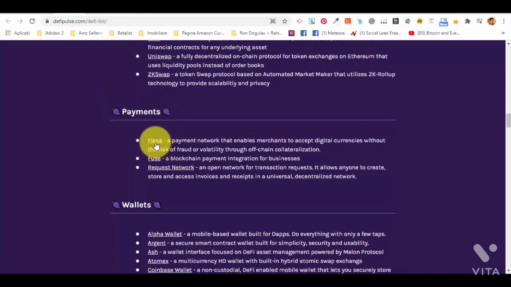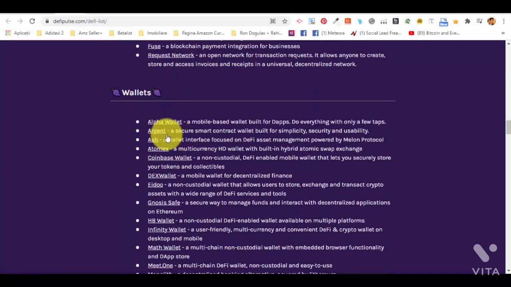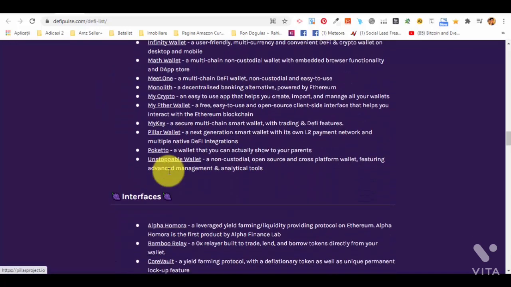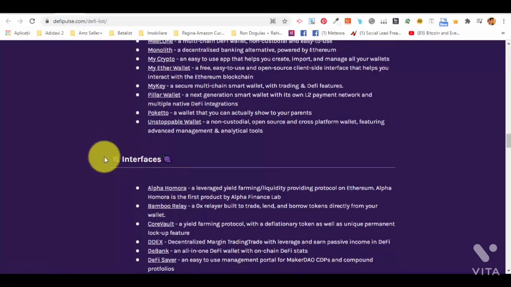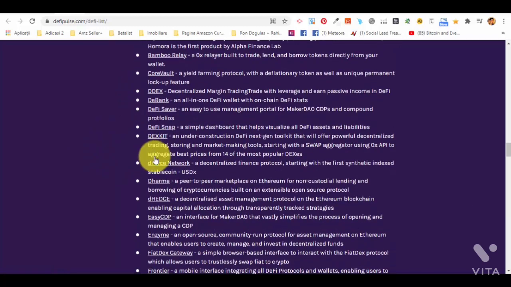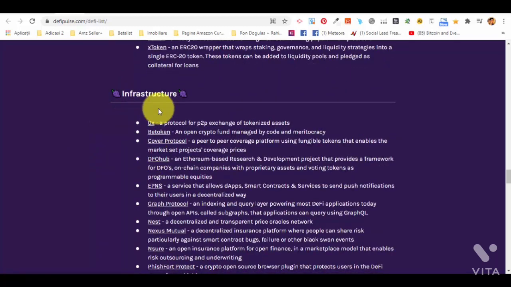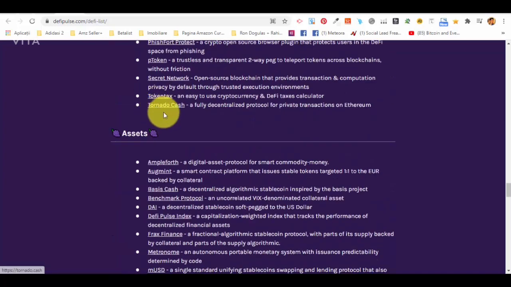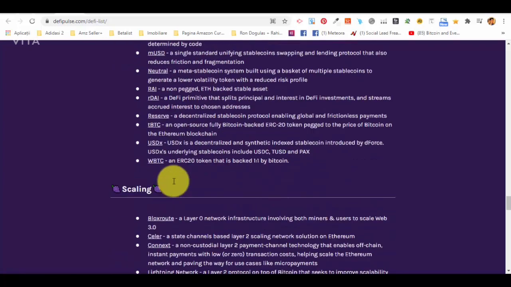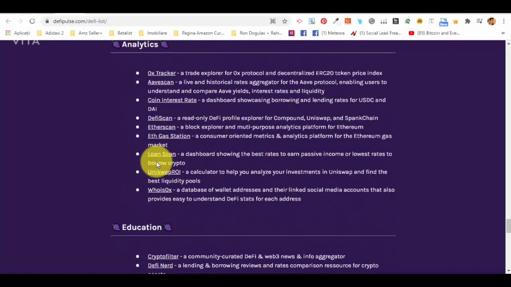Payments, wallets, interfaces. You can see there are decentralized finance projects to solve a lot of types of problems. Scaling and so on.